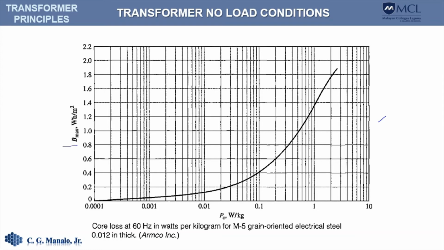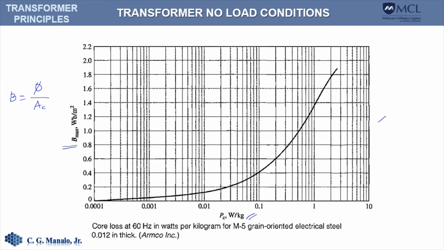So take note, magnetic flux density is equal to the flux inside the core divided by the cross-sectional area of that core. So if we are given the maximum flux density inside the core, we can determine from the data sheet the core loss in watts per kilogram of the transformer core.